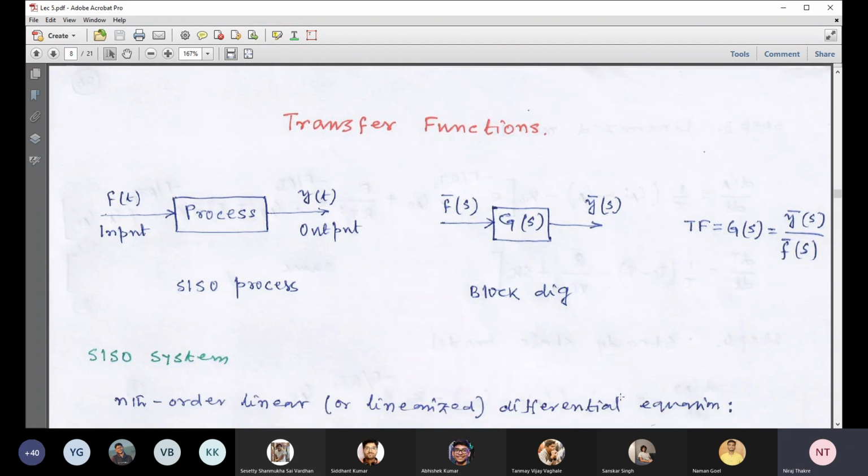Okay, now let us consider how to formulate this G for a single input, single output system. We want to now study how to formulate the transfer function for a single input, single output system in a general way.